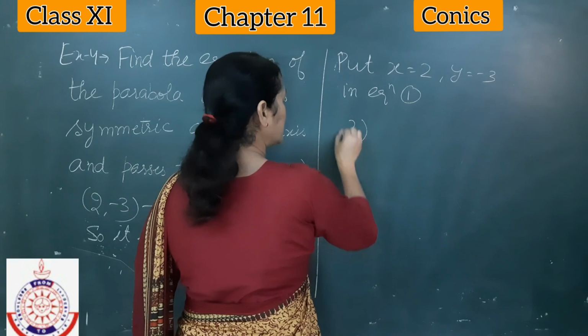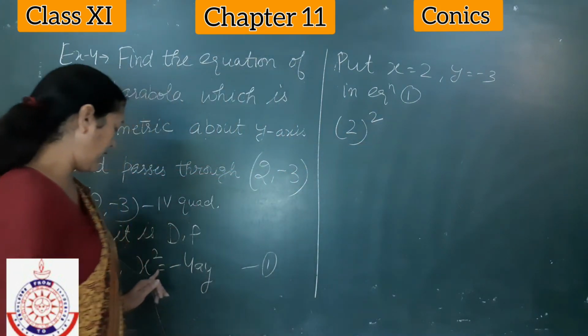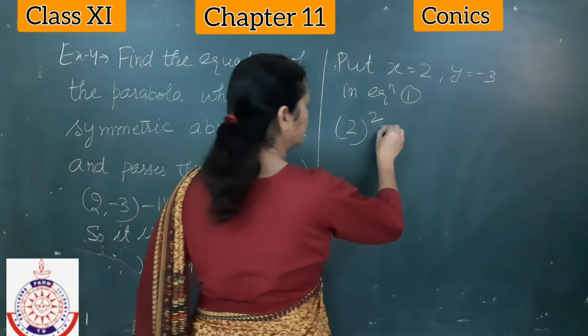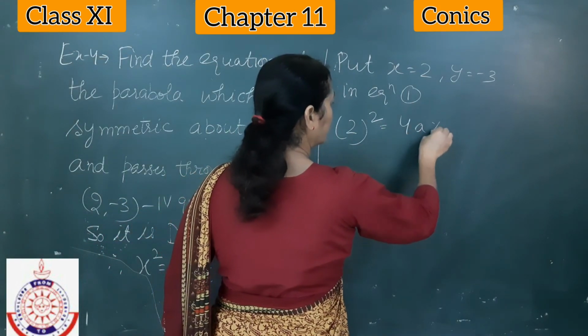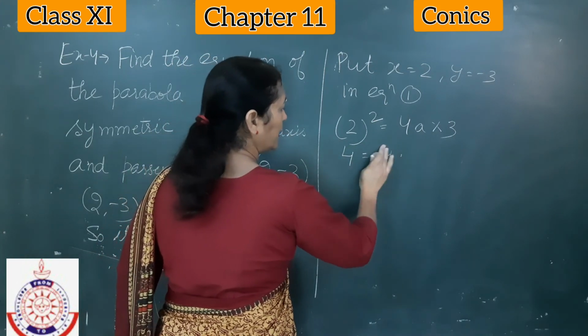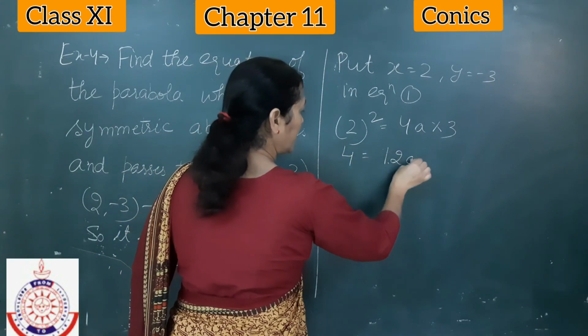In place of x square means 2 square equals minus 4a into minus 3. It's 4 equals 12a.